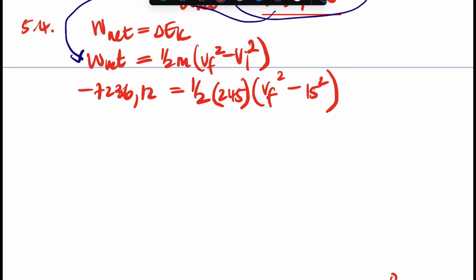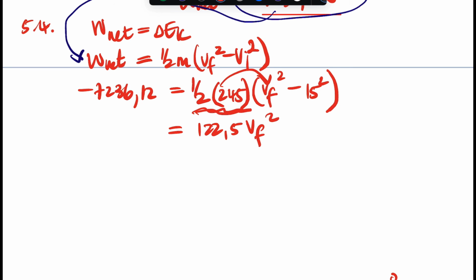If you do the math here, if you punch that in the calculator, half times 245 is going to be 122.5.